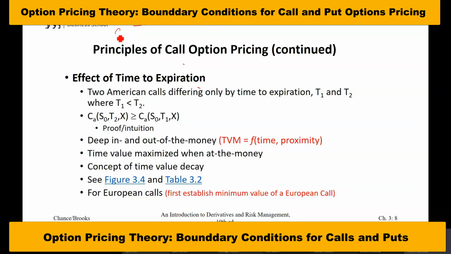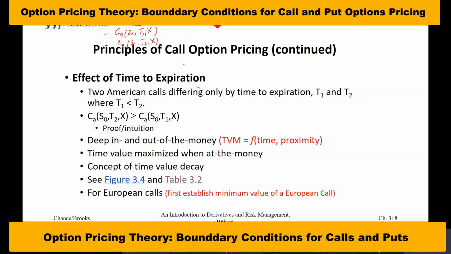We have option 1, which will be CA(S0, T1, X). Okay, and then we have CA(S0, T2, X). If you purchase both these options, for example, what will happen here? Okay, let me just make the table here. We have this option here.